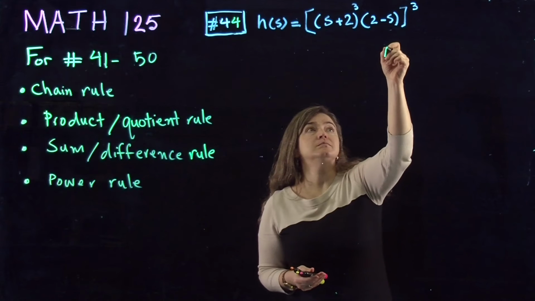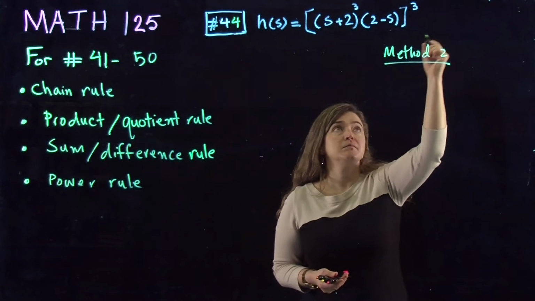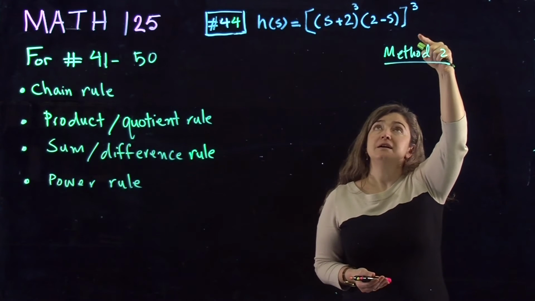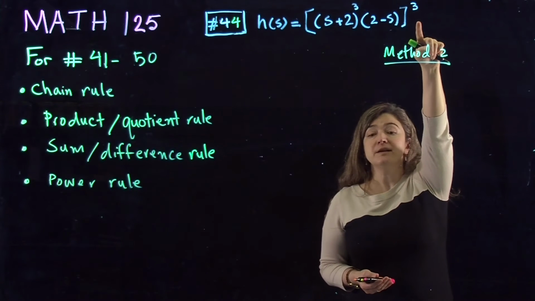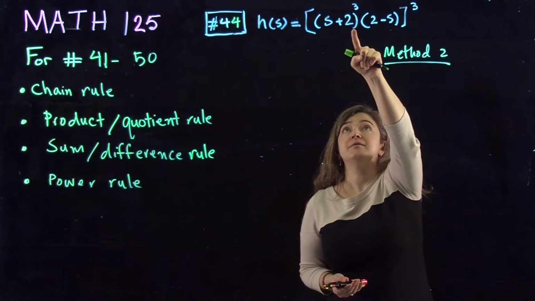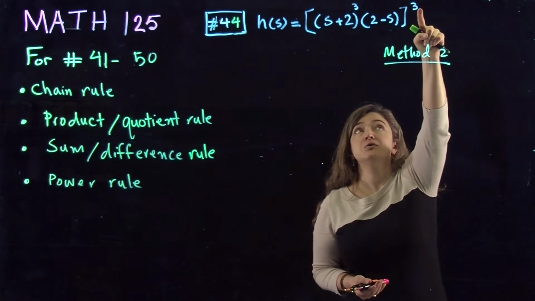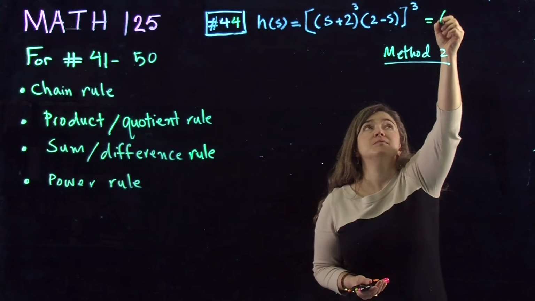Method 2: I rewrite the entire function, and how I do it is to use the exponential rules. The exponential rule for this one is, I have one factor to power 3, then the entire thing goes to power 3 again.